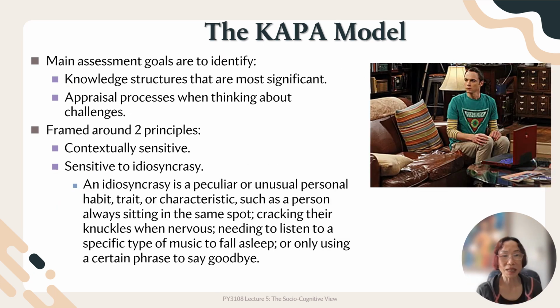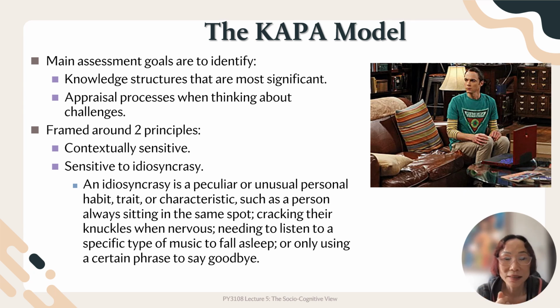The main assessment goal for the KAPA model is to identify knowledge structures that are most significant. Which one is the most significant? For example, among several goals, which one is the most important?